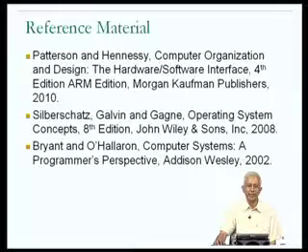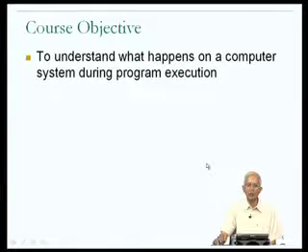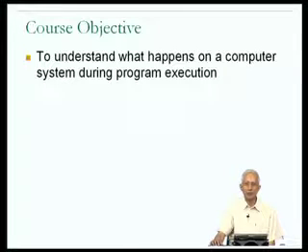They are well worth buying. When you look at this reference material, you'll get the impression that this course is going to cover computer organization, followed by operating systems, followed by something about the programmer's perspective, which raises the question of what the course objective is. Let me state the course objective quite clearly. Our objective in this course is to understand what happens on a computer system when a program is running on it.